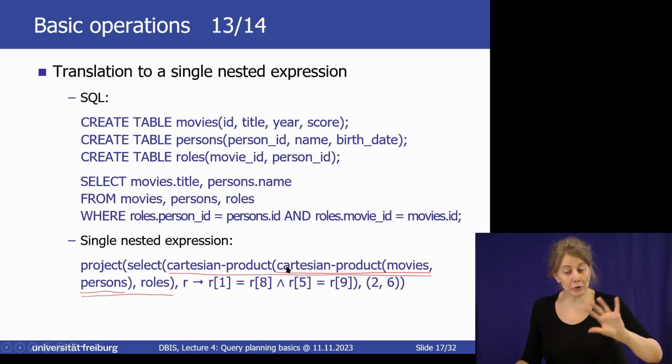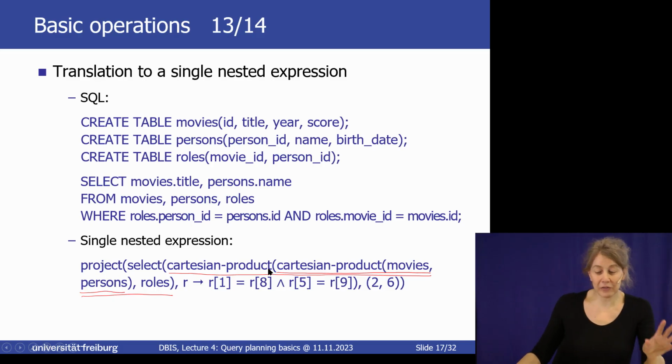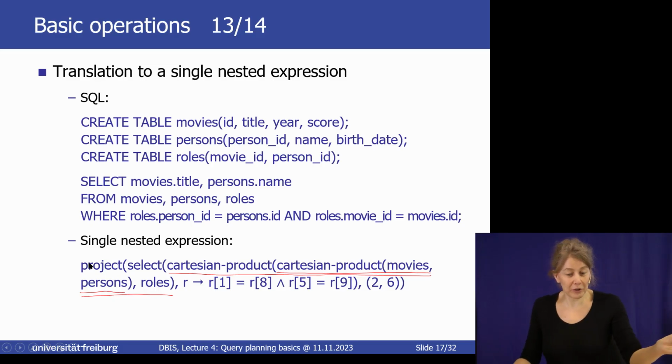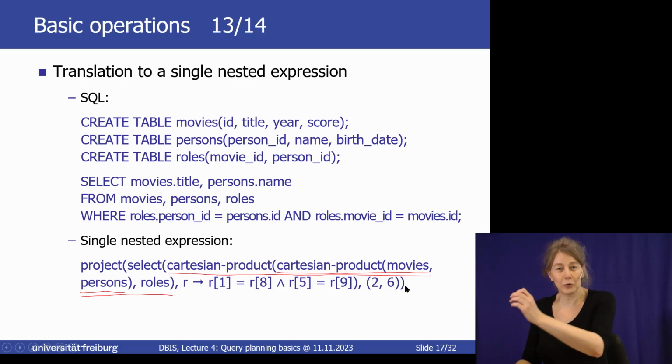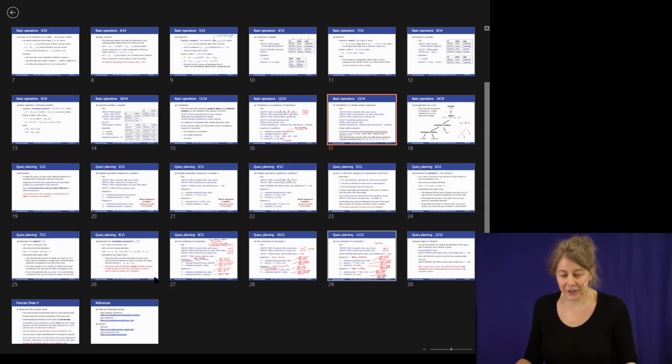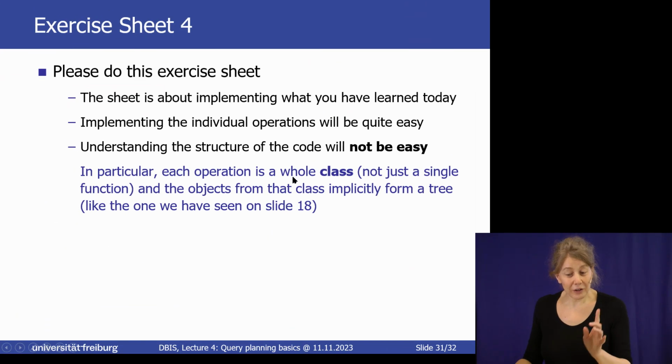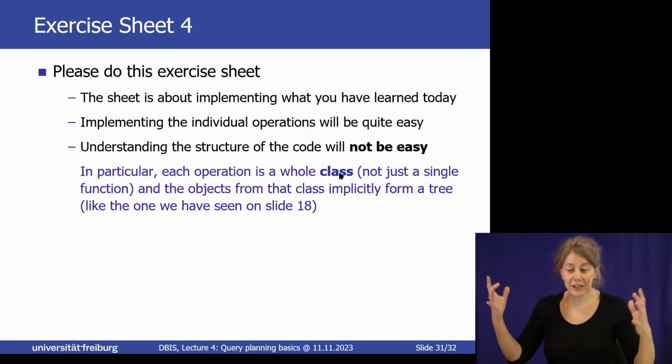You don't do the query planning. Your system does not figure out what the best sequence is, but you write something like this in code, and then your code is such that it will execute this. And you will see that each operation is not just a single function, but a whole class, and these class objects implicitly form a tree.